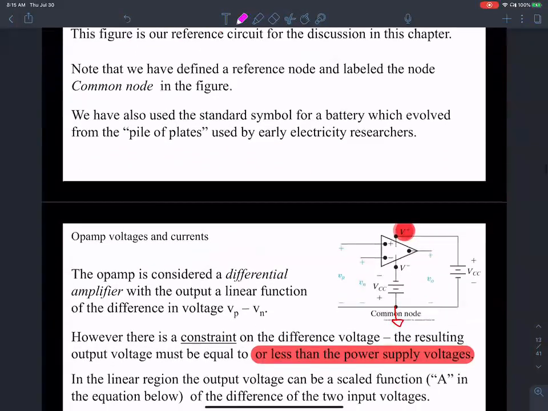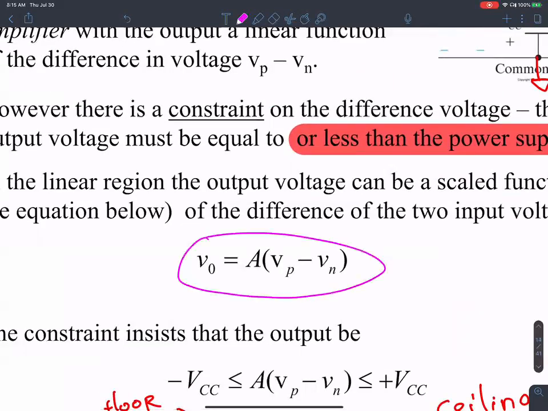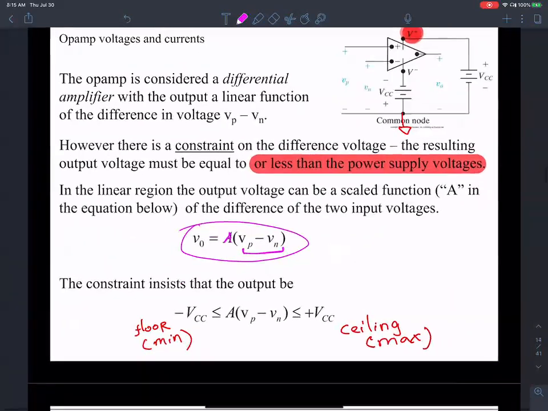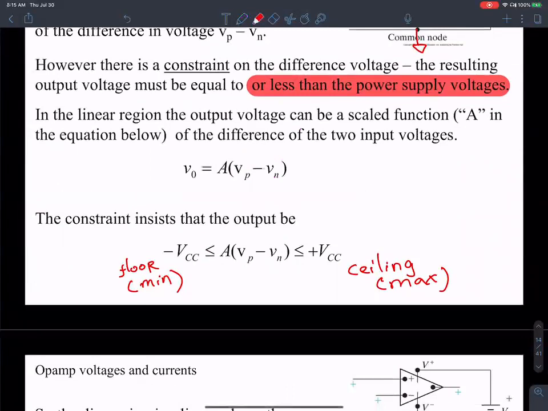We know about this, right? The output is the difference between the two input terminals multiplied by the gain. That's the basic operation of an operational amplifier. And then of course we do know about this.